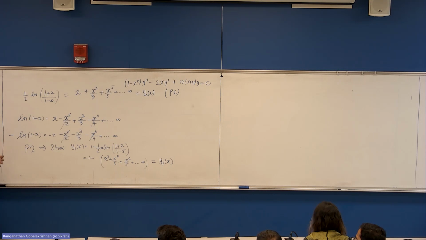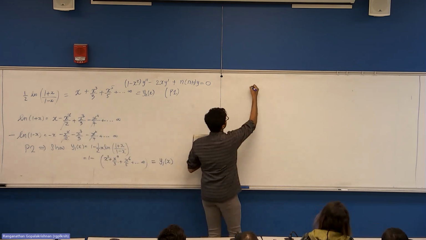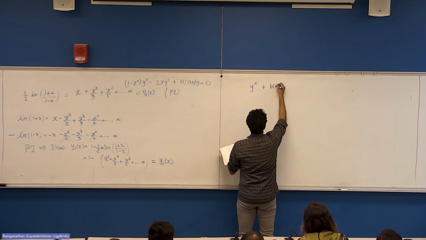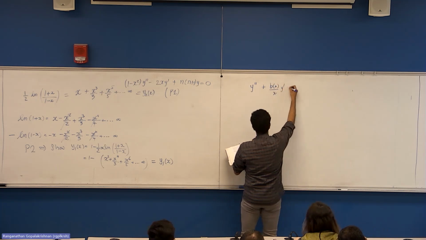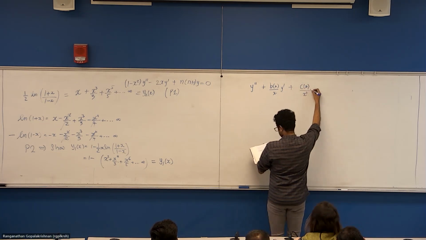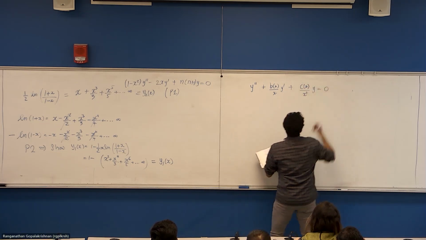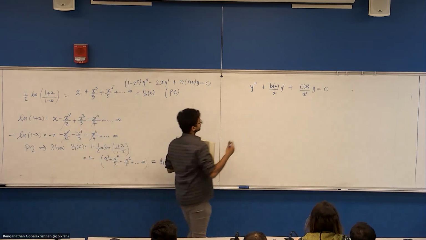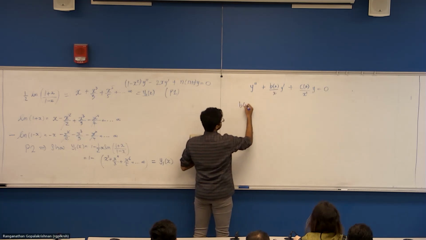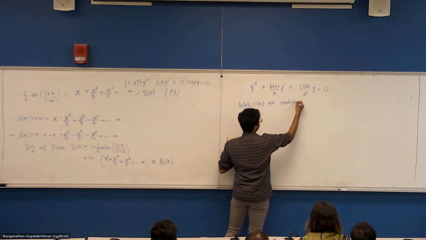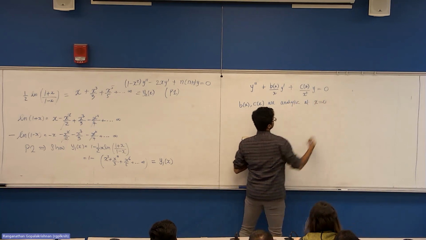So whenever you have equations that are of this form, y double prime plus p of x over x times y prime plus q of x over x squared times y equal to 0, whenever you have functions p of x and q of x that are analytic at x equal to 0.